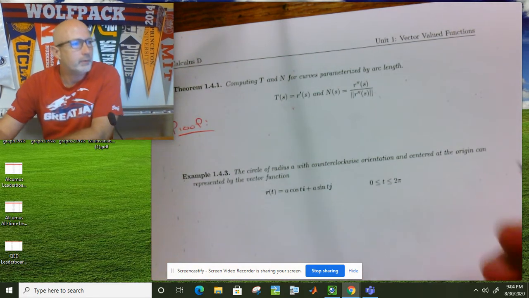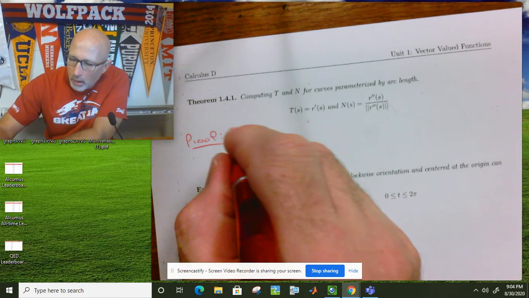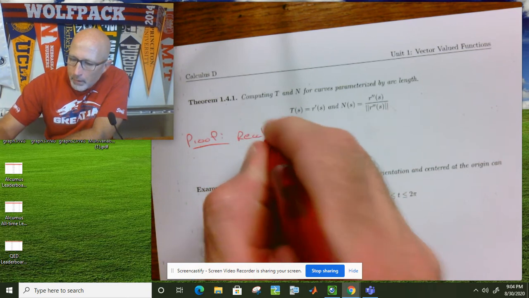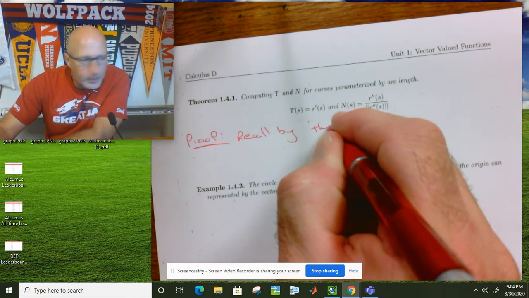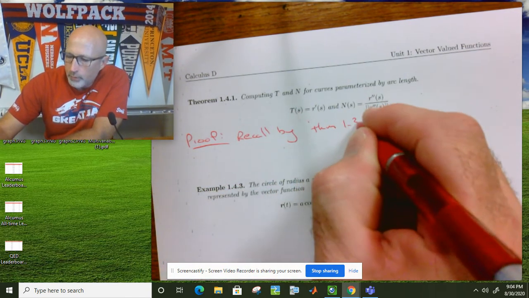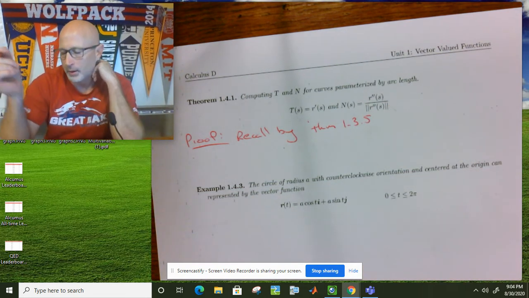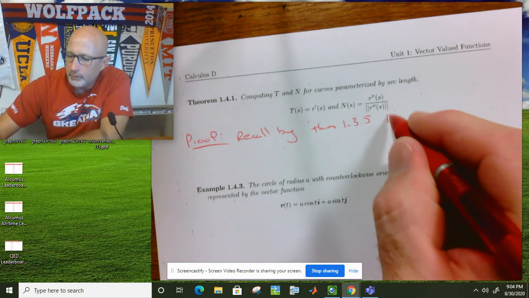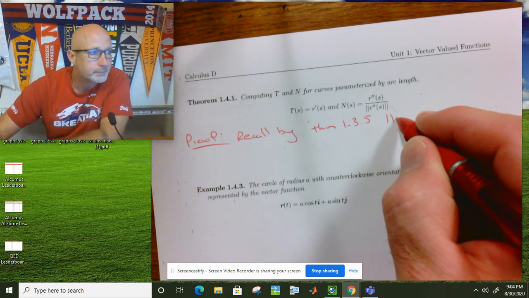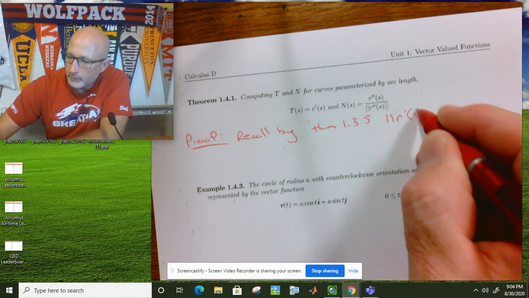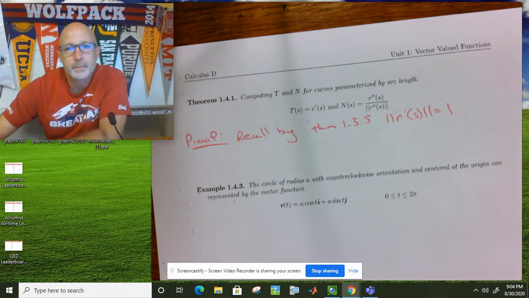Okay, so the first one: recall by Theorem 1.3.5, and we just hit this really quickly at the end of the last class period, that the magnitude of r prime of s is equal to 1.